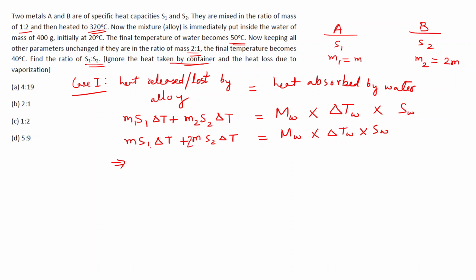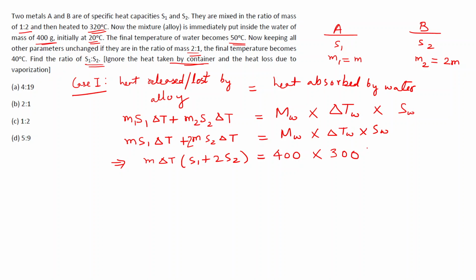If I take M and delta T common, I'll get S1 plus 2 S2 equal to, putting in the values, the mass of water, which we had taken as 400 gram. Initially the water was at 20 degrees centigrade, the final temperature becomes 50 degrees centigrade, so the difference is 30 degrees centigrade.